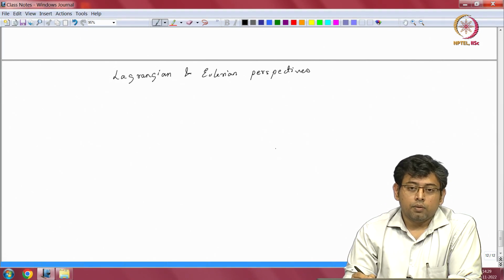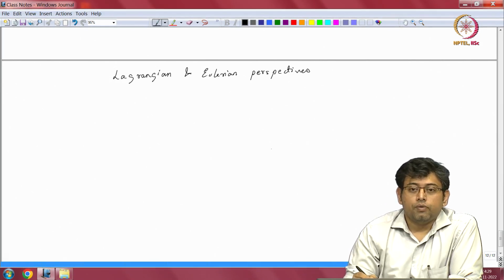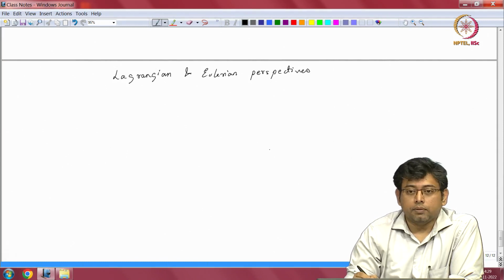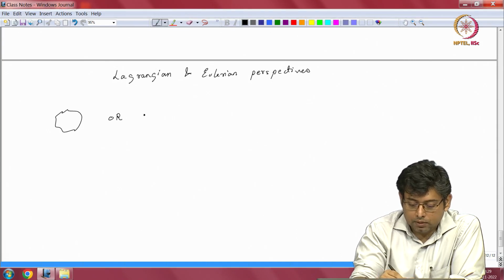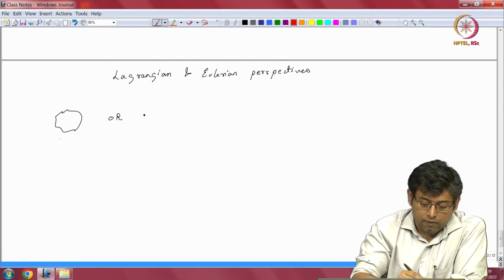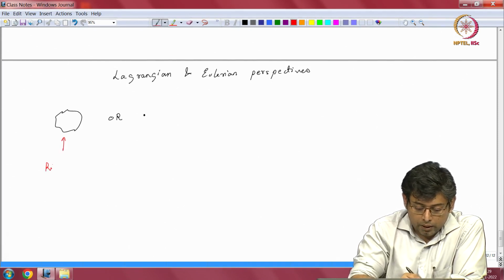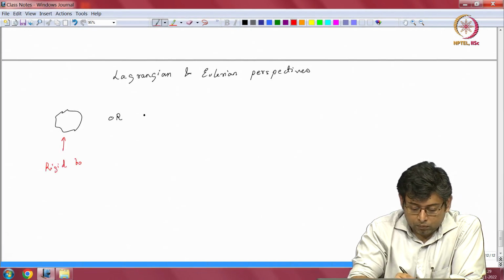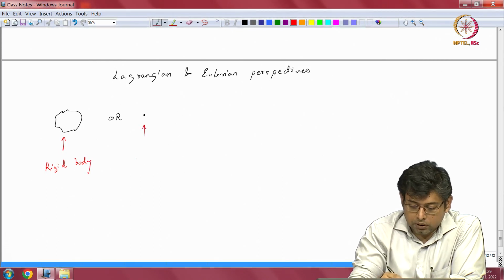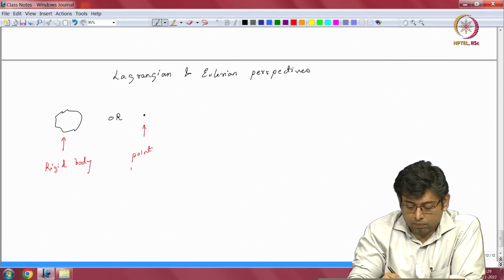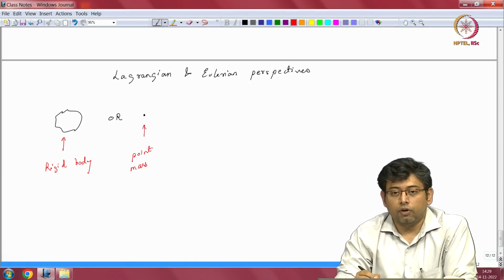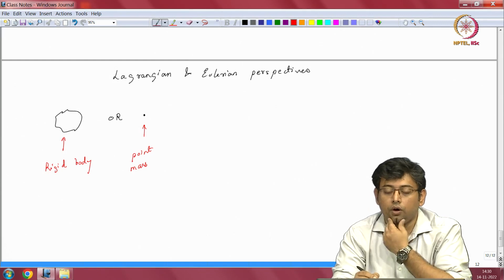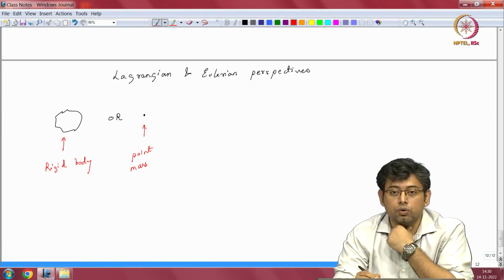In Newtonian dynamics, we were confronted with the idea of tracking a rigid body. Right. So you have a rigid body, and a point mass. This was a rigid body and this is our point mass. And usually the problem we are looking at is understanding the velocity, acceleration and position of either of these two cases.